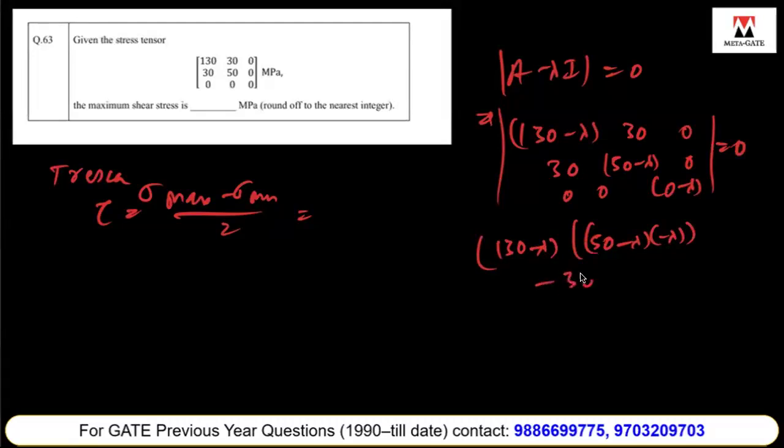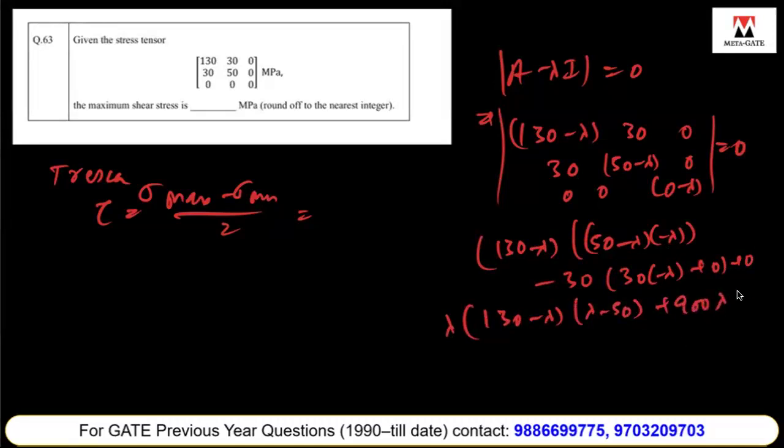Minus 30 into 30 into minus lambda plus 0 plus 0. So it is 130 minus lambda into lambda minus 50, plus 900 lambda.